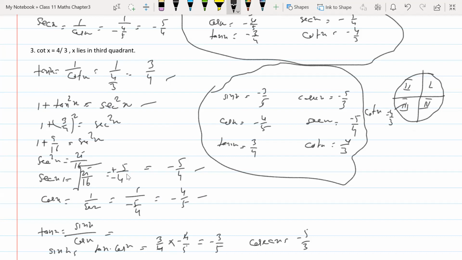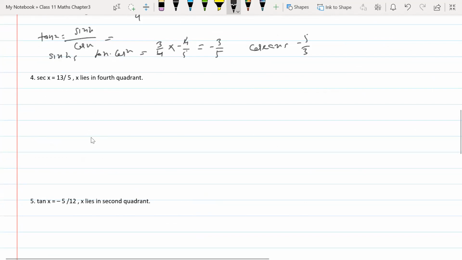Again, I am repeating here that in the first quadrant, all functions sine, cos, tangent, cotangent, secant and cosecant are positive. In the second, only sine and cosecant. In the third, tangent and cotangent. In the fourth, cos and secant. And else all are negative.